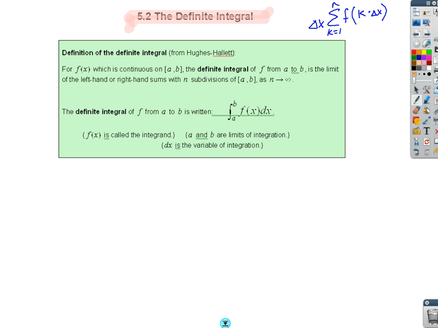All right, great. We always talked about how we can get a better and better estimate, and we always said put more rectangles in there. So we want to make n get to be as much as we want. A huge number. I wonder how big we can go. What if we take it to a limit?